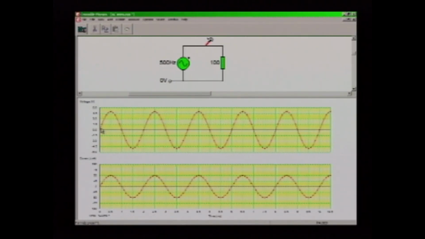You can see here that the voltage is a sine wave. It rises to a maximum, a peak, and the peak is 5 volts. Then it decreases, goes back to 0, goes down to -5 volts, and then repeats, goes back up to 5, and so on.